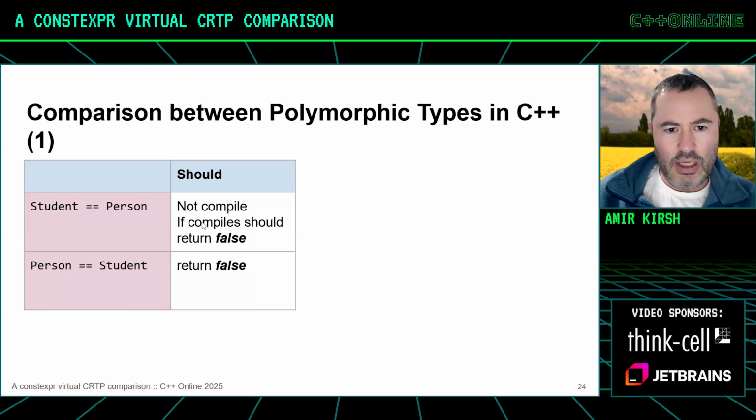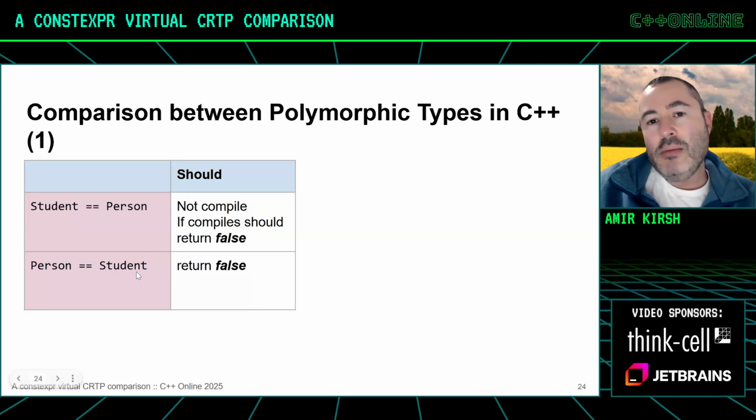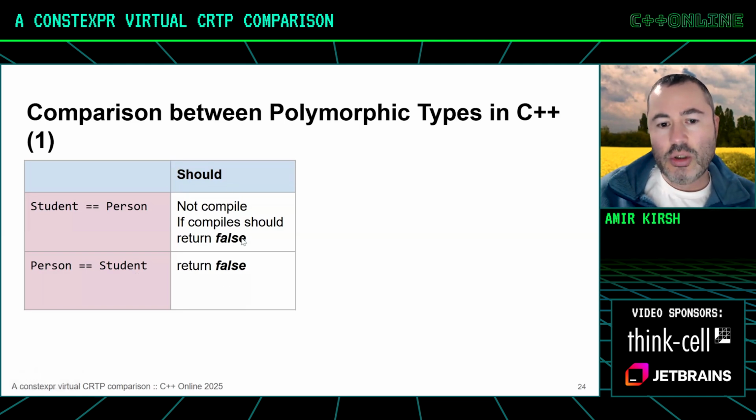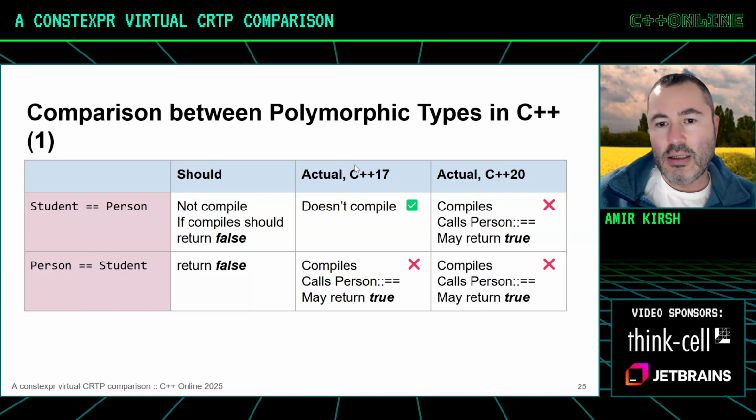No, I would say that this one, the second one, may compile, because person may take a student. So even if it compiles, I would say it should return false. This one should not compile, but if it compiles, then it should return false. The actual behavior is that in C++17, the first one actually doesn't compile, which is a good thing, I would say. But the second one compiles and may return true.